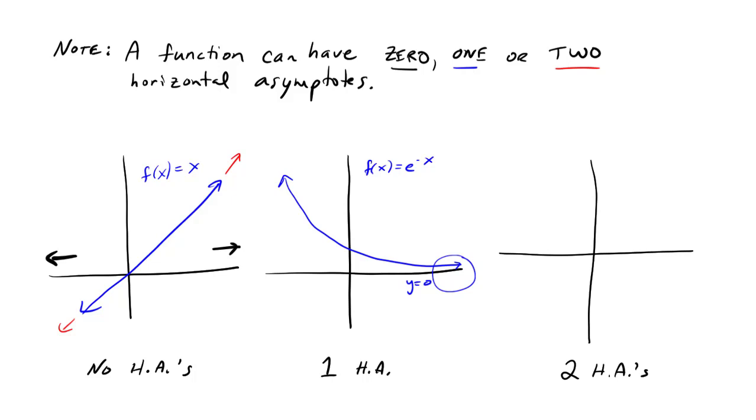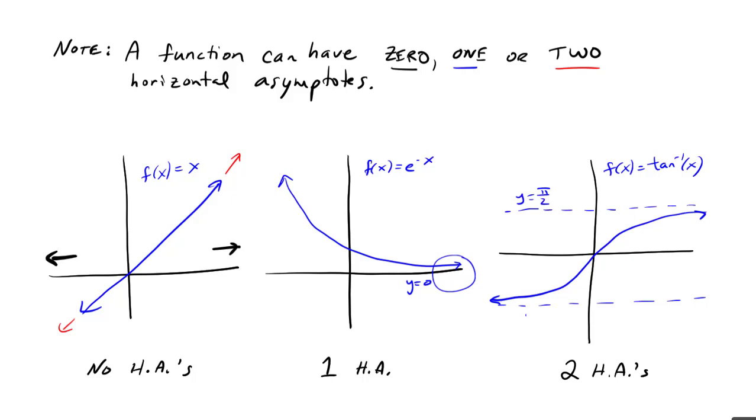One good example is actually inverse tangent, which looks like this, and has horizontal asymptotes at y equals pi over 2 and y equals negative pi over 2. So there's an example of two horizontal asymptotes.